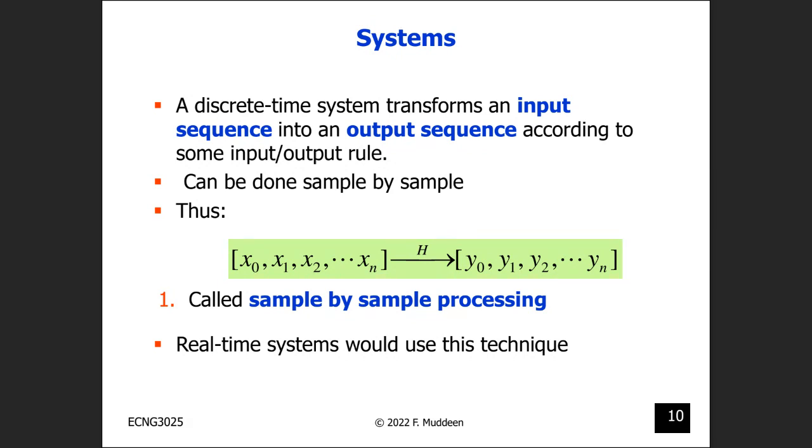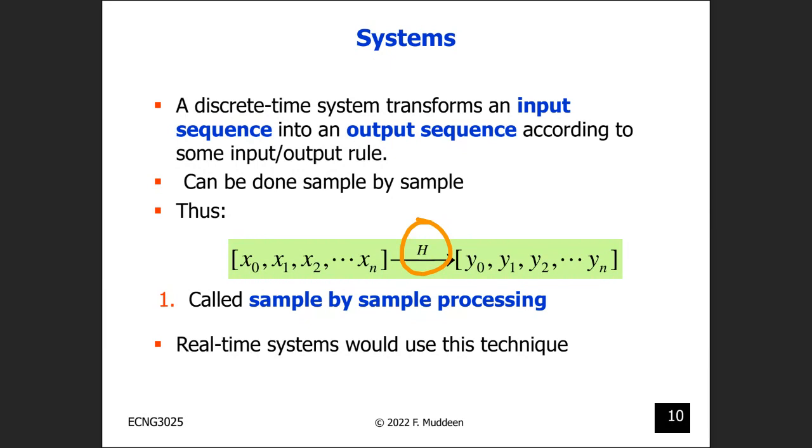We can do that in two ways. We can do it sample by sample. For instance, the input is a series of values, x0 to xn, coming into our system here. Whatever that transfer function is, a discrete time transfer function, we'll be getting into all of that, and some of it you know already.